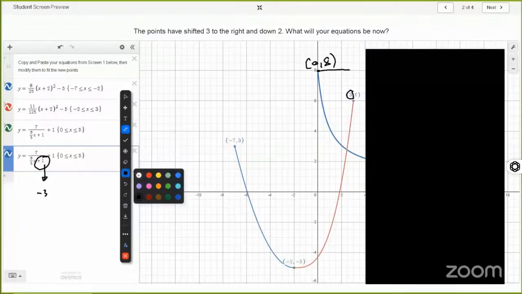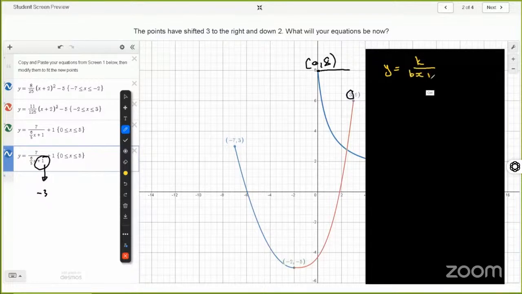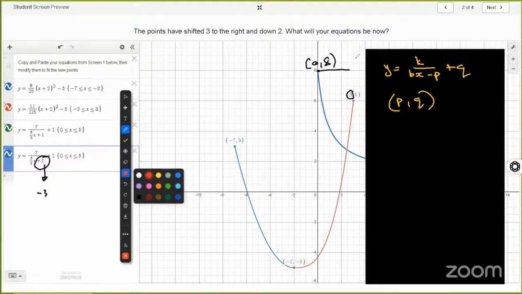Let me see if I can just put it down here nicely. Alright, so writing this out neatly, I've got y equals k over b(x + p) minus p plus q. And I'm taking the p and the q value and I'm moving my central point by the same amount that this point has moved as well. So instead of having -1 as my asymptote, I'm going to have the number 2 as my asymptote for my p value.